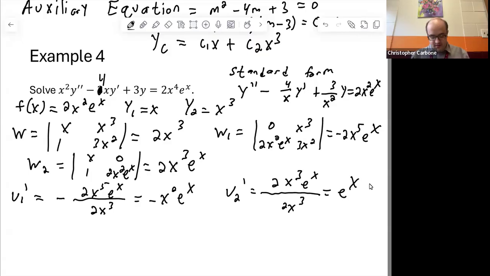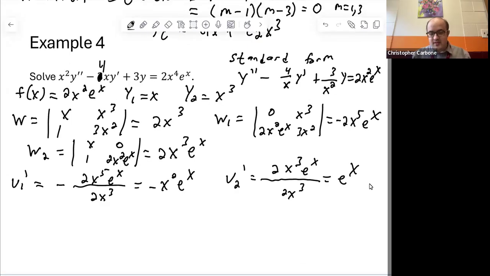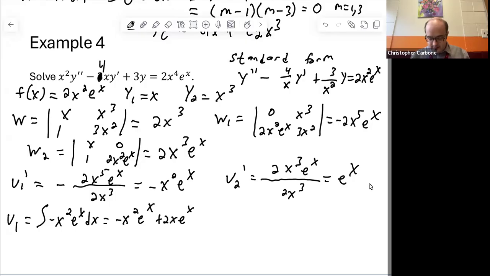So we need to integrate both of these to get our functions. So for u sub 1, integrating this negative x squared e to the x dx requires two uses of integration by parts, but after doing all that, we would get negative x squared e to the x plus 2x e to the x minus 2e to the x.